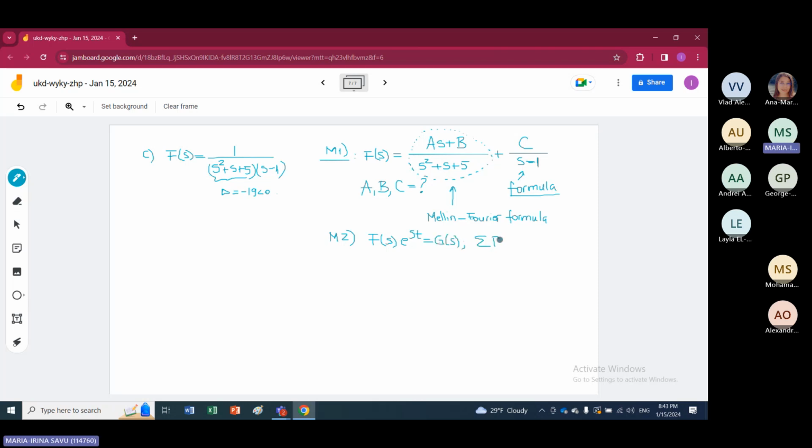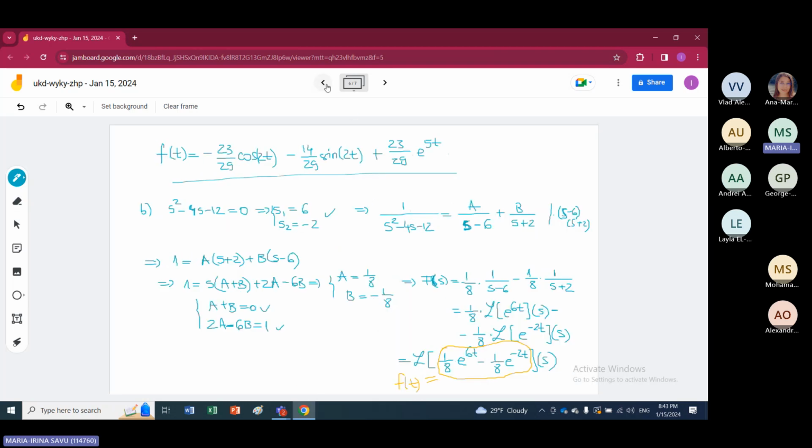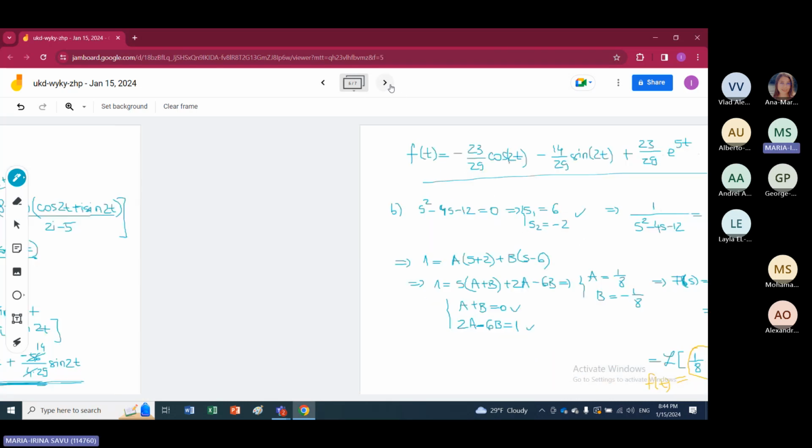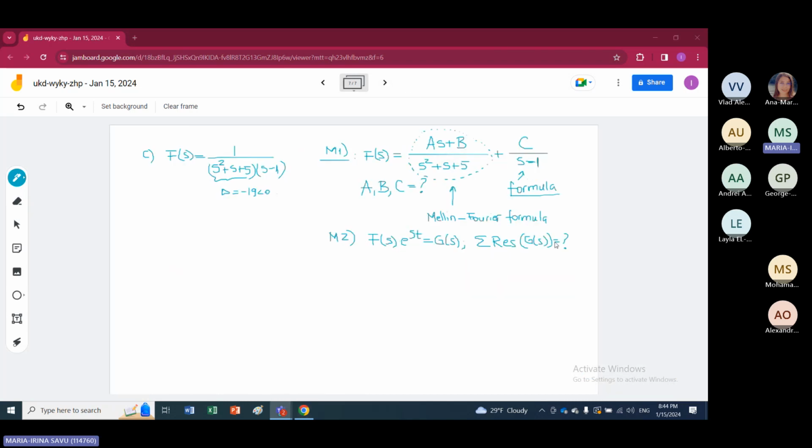If you try to solve using the second method, you will see that you have similar computations with this one. And I know that you don't have such nice values, so let's try to mix them. So let's use the first method combined with the second one, actually.